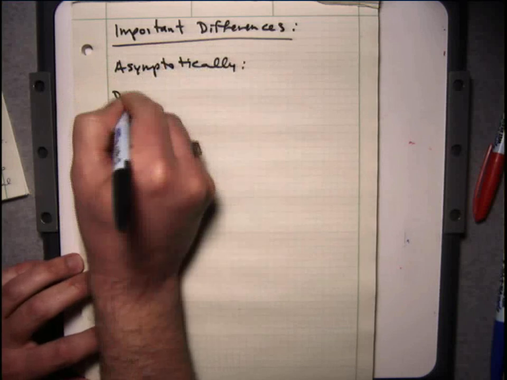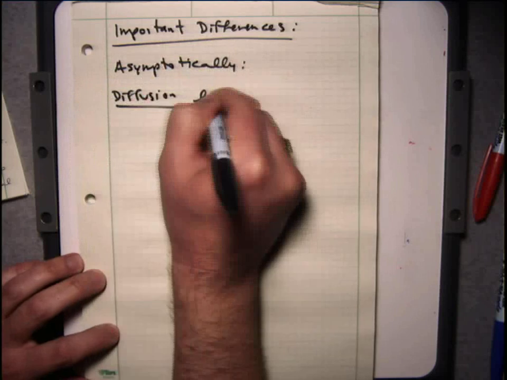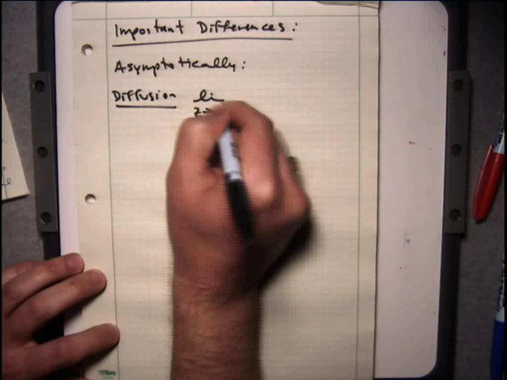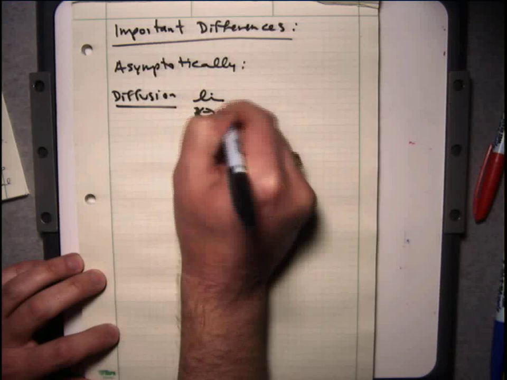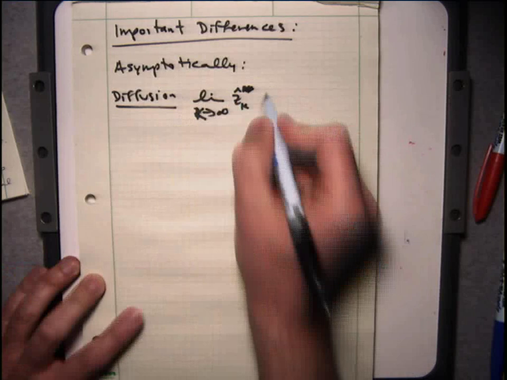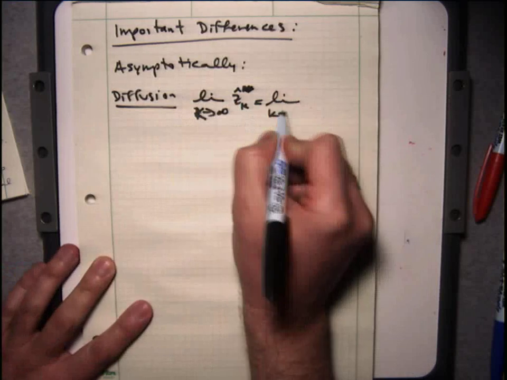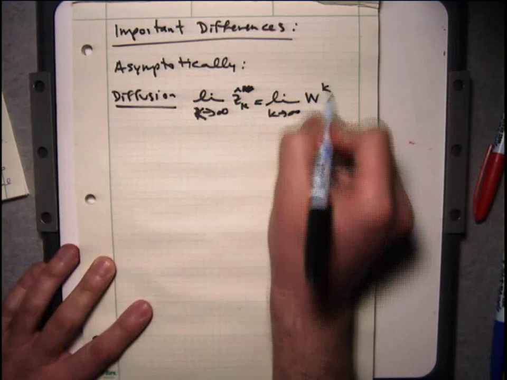Remember, for the case of diffusion, you had the limit as k goes to infinity of z hat k. This is the limit as k goes to infinity of w to the k times y.